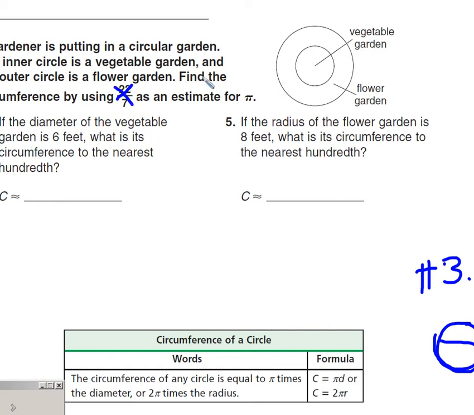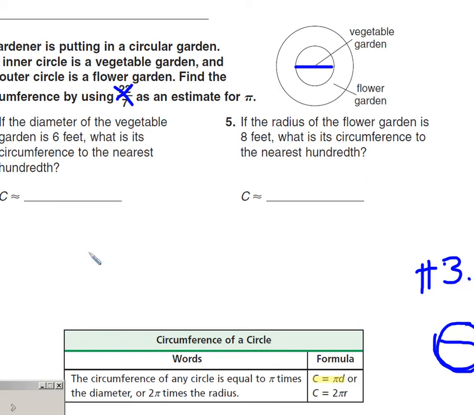So we're looking here. If the diameter of a vegetable garden is 6 feet, so let's say this is the diameter, that's 6 feet. What is the circumference to the nearest hundredth? The formula for that, the circumference is pi times the diameter, 3.14 times whatever the diameter is.